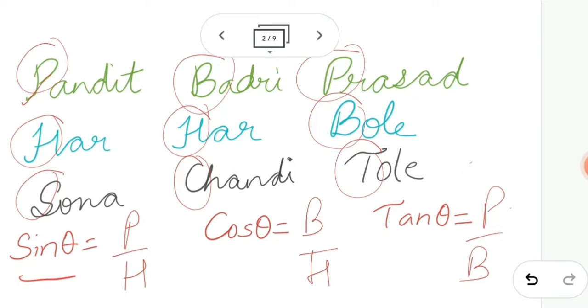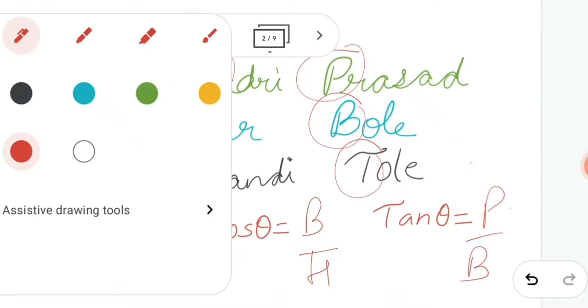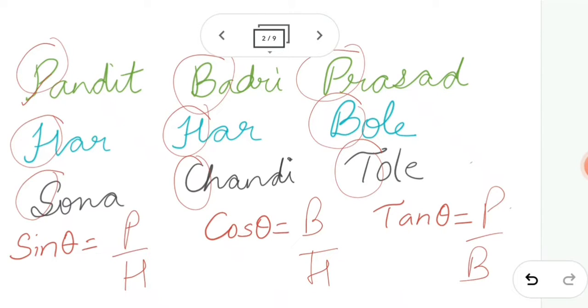So I have just discussed 3 trigonometric ratios, but there are 6 trigonometric ratios. For other ratios we should know that reciprocal of sine is cosecant, reciprocal of cos is secant, and reciprocal of tan is cot.